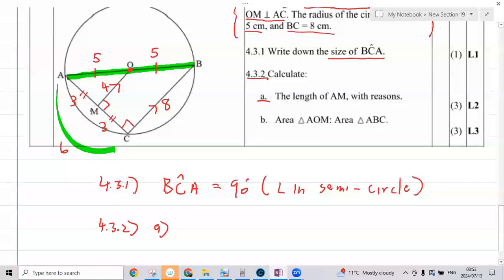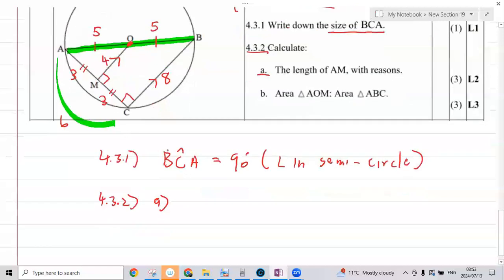So we already know that AM is 3, but how did we go about doing that? Remember, that was 3 marks there. So let's have a look. What we did was we're going to find AC here using the theorem of Pythagoras. So we're going to say that AC squared is going to equal 10 squared minus 8 squared, Pythagoras.